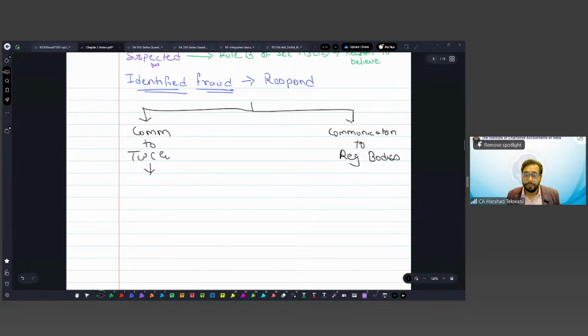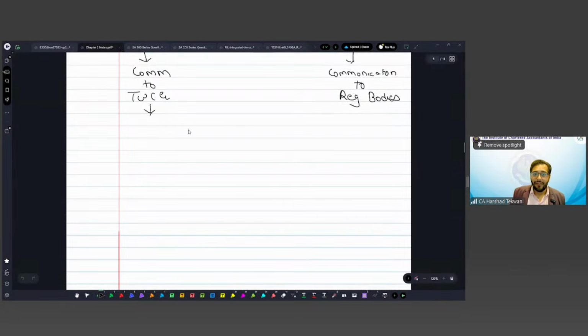Very good, Ayush. Management override of control, kind of. When the management itself is involved in the fraud, or those charged with governance are involved, I will communicate to those charged with governance and the management unless they are involved in it.